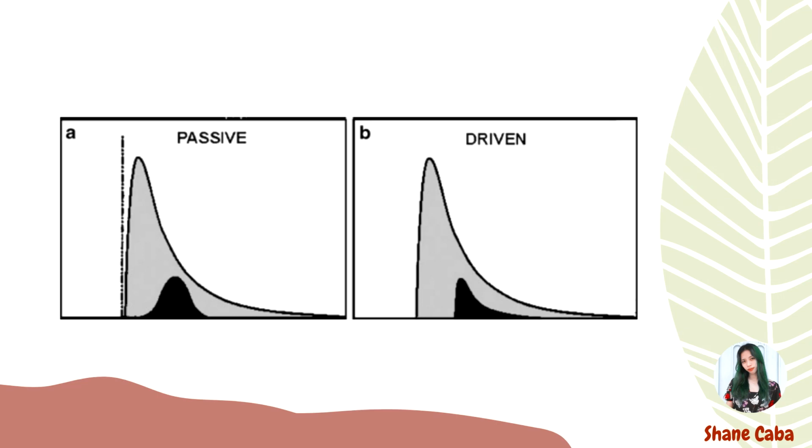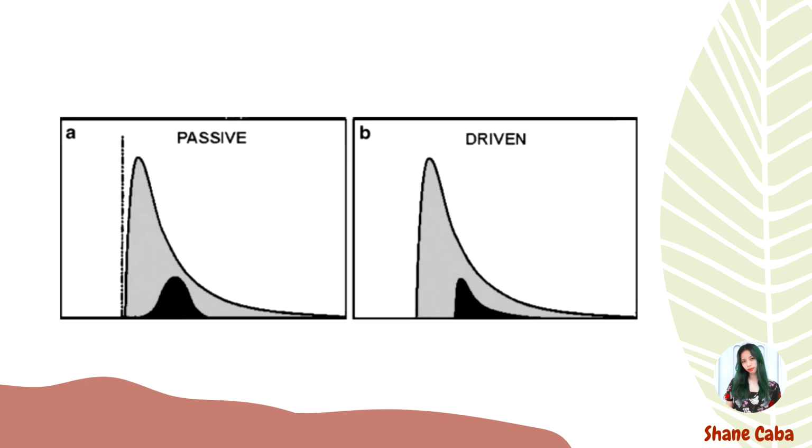Both passive and driven trends can result in a skewed distribution in which most species exhibit a trait near the low end and a similar number of species display much higher values for the trait, resulting in a long tail of a distribution at the high end.